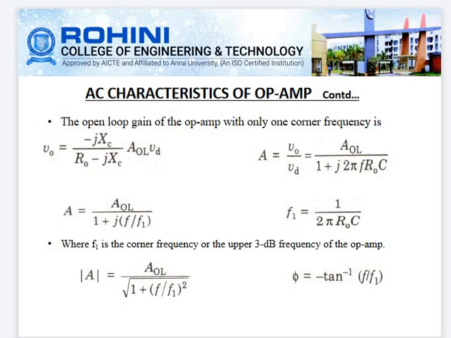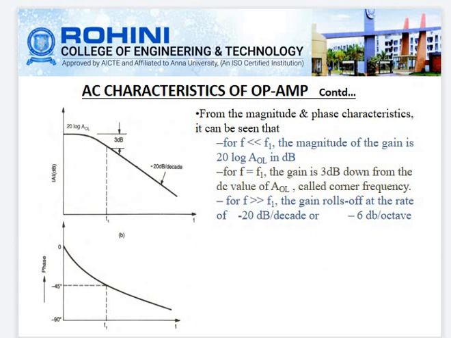The magnitude of the gain is given by magnitude A equal to open loop gain divided by square root of 1 plus (F by F1) the whole squared. The phase angle phi is equal to minus tan inverse of F by F1. From the two figures showing the magnitude and phase characteristics, we have to observe that for frequency F less than F1, the magnitude of the gain is 20 log open loop gain in dB.